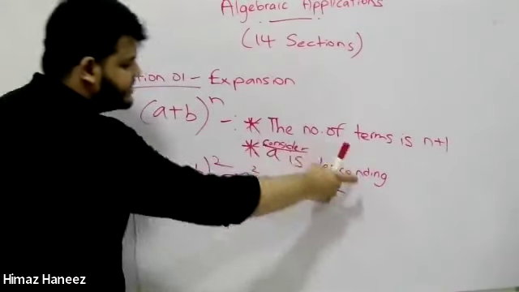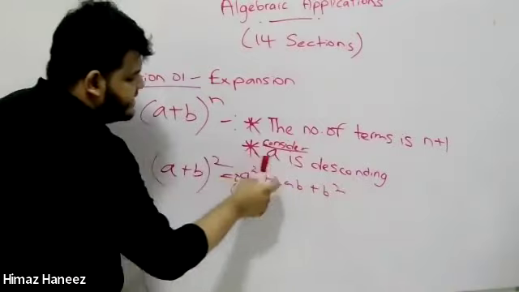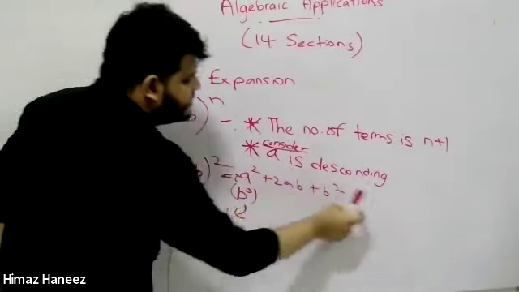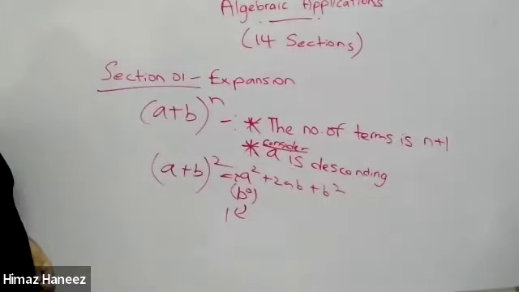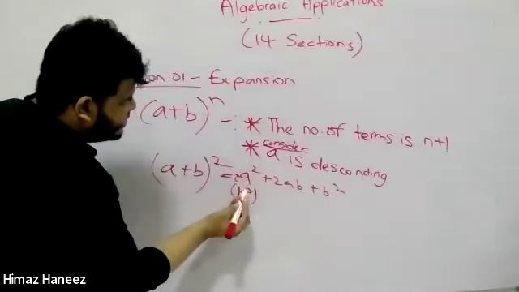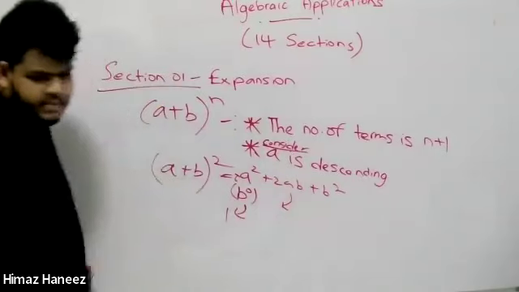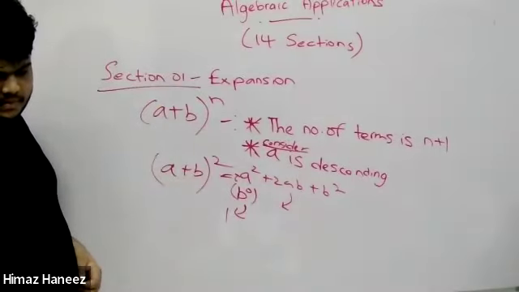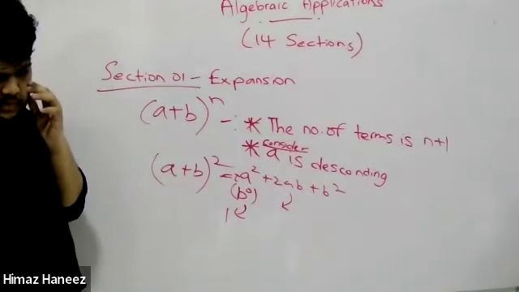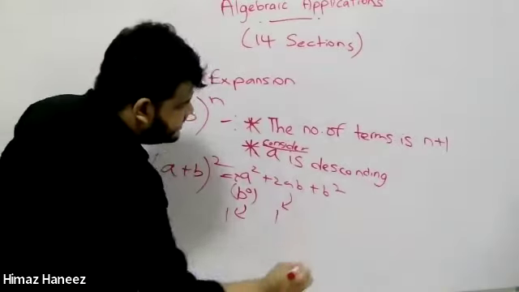So what this statement says is, in each term, the power of a keeps on decreasing. See, here a to the power 2. Here, what's the power of a? 1. Here, what is the power of a?